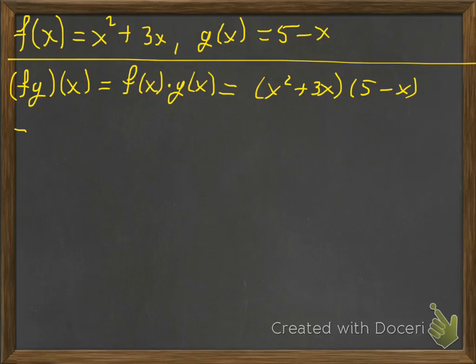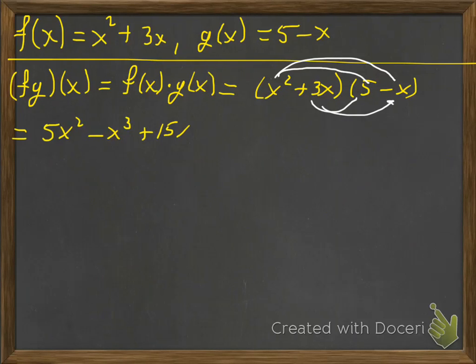So when I FOIL, I'm going to have to do x squared times 5, which is 5x squared, and then x squared times minus x is minus x cubed. 3x times 5 is 15x, and then 3x times negative x is negative 3x squared, and then we'll combine like terms and write in descending order. So we'll have minus x cubed plus 2x squared plus 15x.